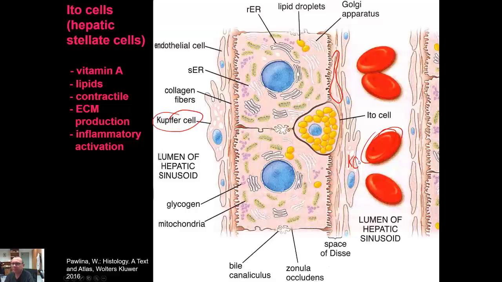They are macrophages, so they phagocytose everything necessary. They can phagocytose any particles coming by blood from the intestine or from the spleen.